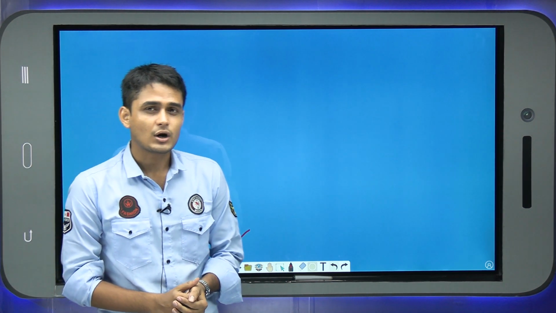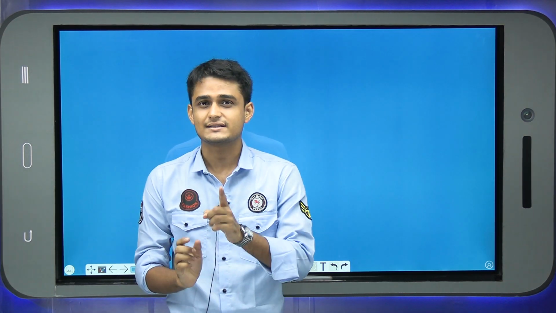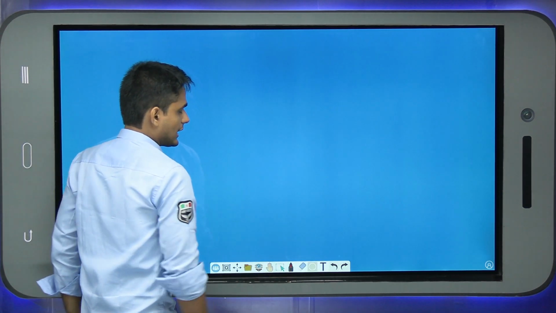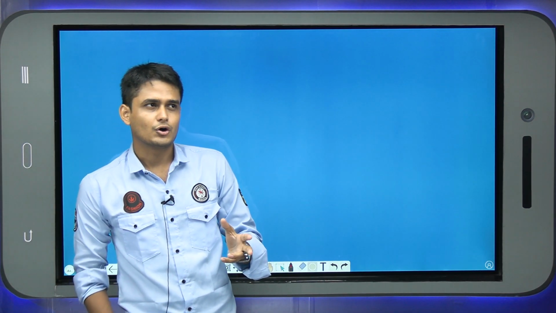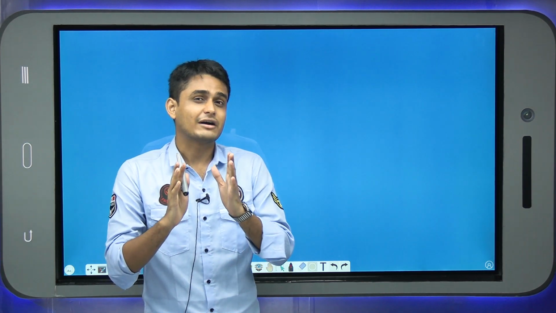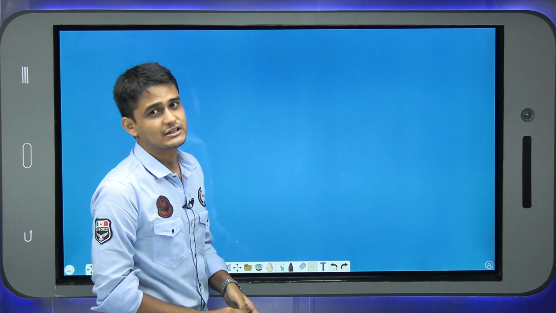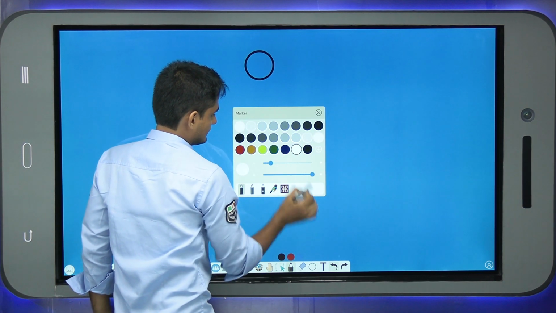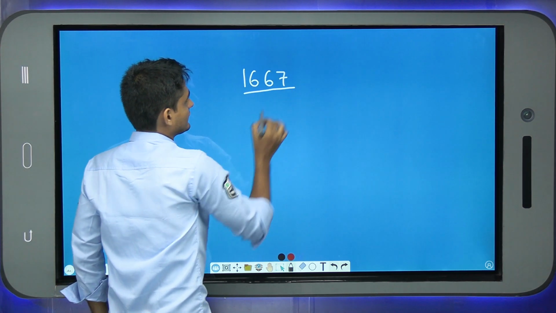Today we are going to learn about the most difficult but most interesting topic for class 9, which is called gravitation. As we all know, the greatest and evergreen scientist Sir Isaac Newton gave his famous equation of gravitation in the year 1667.